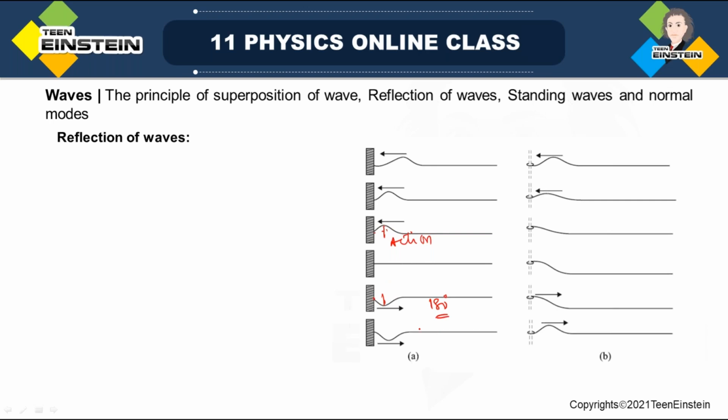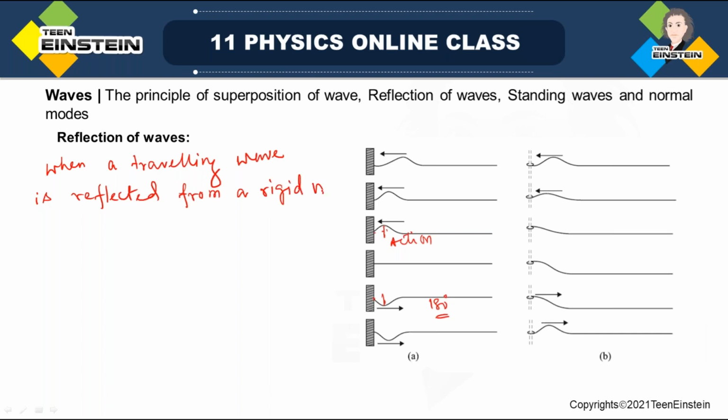So what we can say is, when a traveling wave is reflected from a rigid or closed boundary, it is reflected back with a phase reversal.